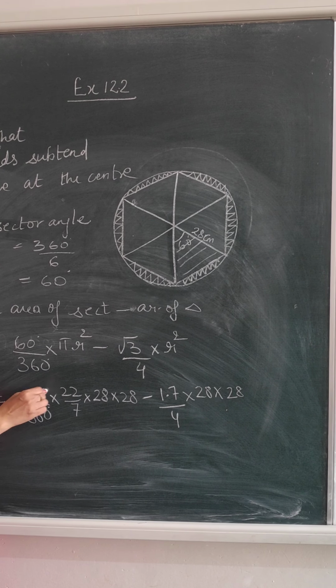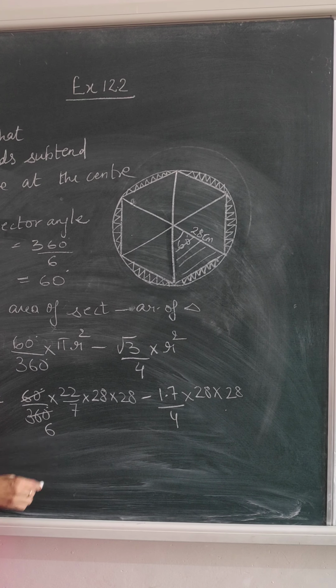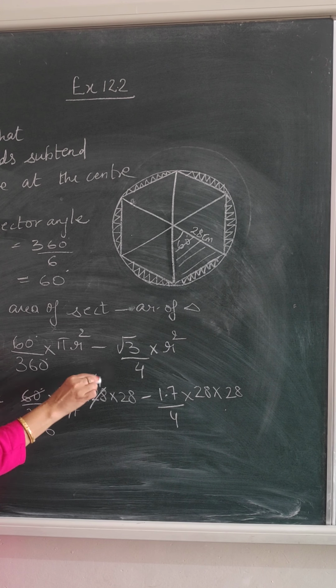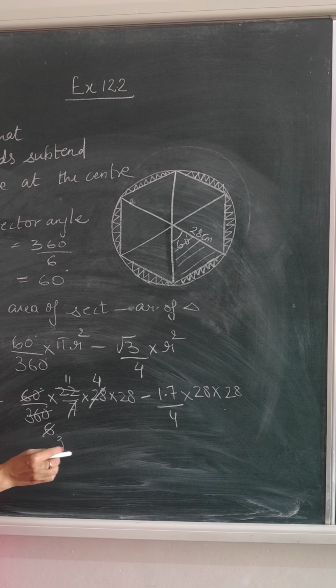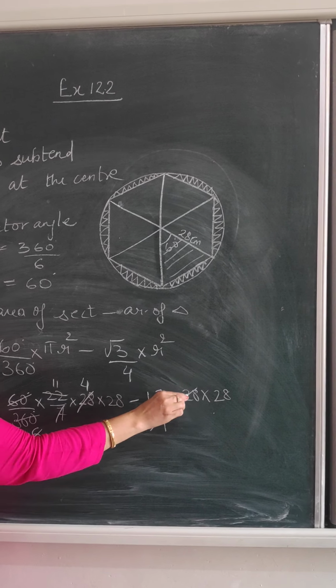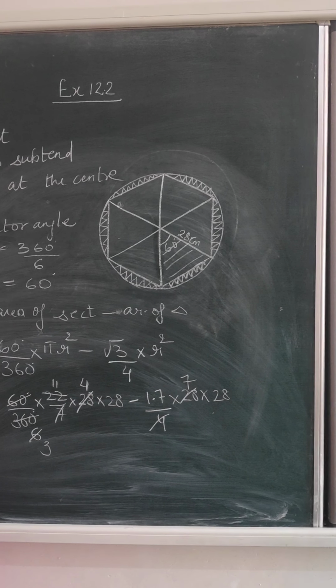Now here 6 6s और यहाँ पे 7 4s then 2 3s 2 11s और यहाँ पर आ गया आपके पास 4 7s.